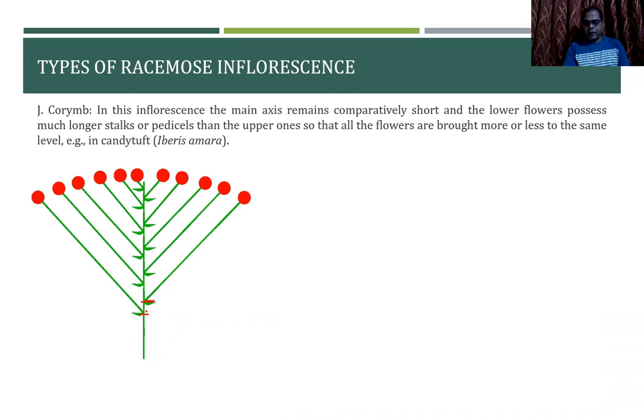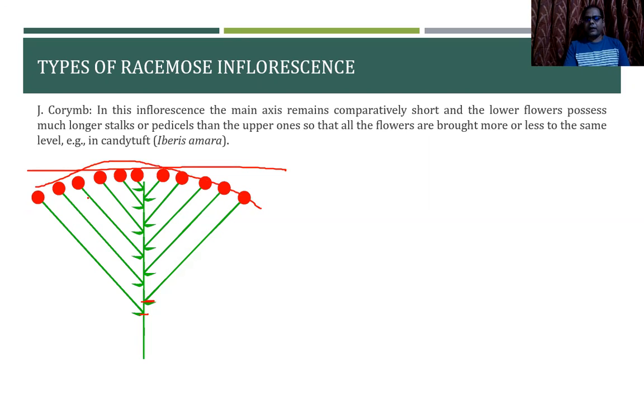But the pedicel of the oldest flower will be long enough. So the older flower will have the longest pedicel, and the younger flower will have a shorter pedicel, in such a manner that they get arranged in a straight line or in a small curve-like structure.